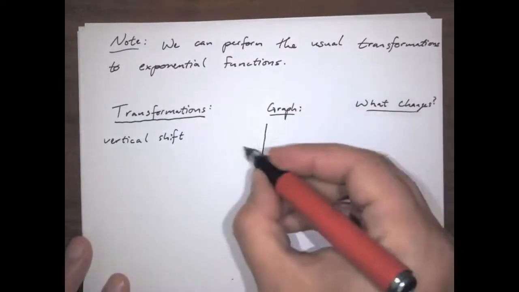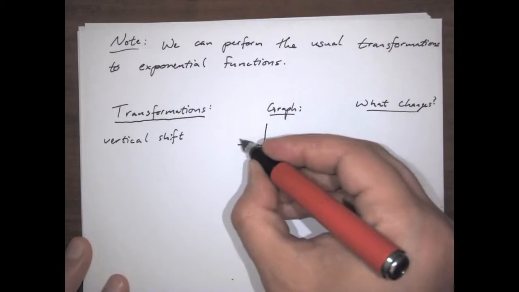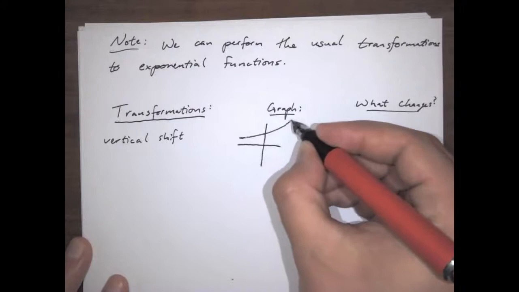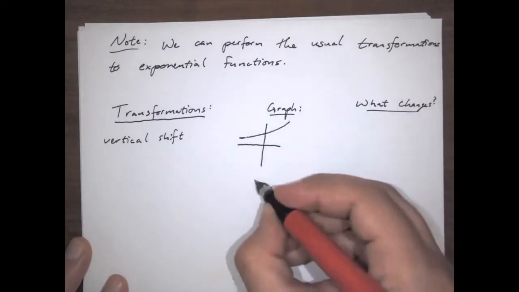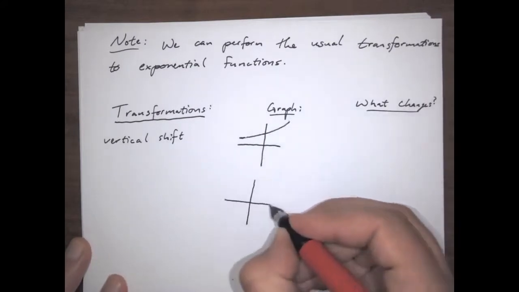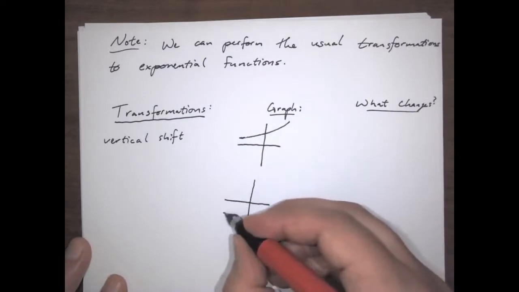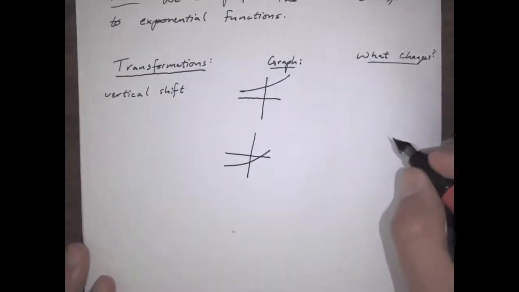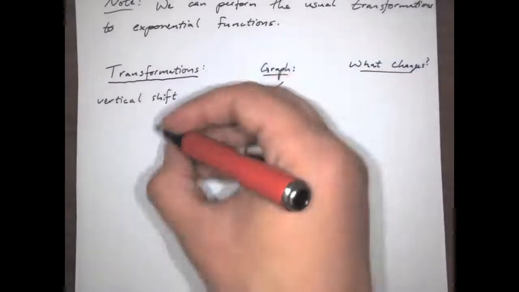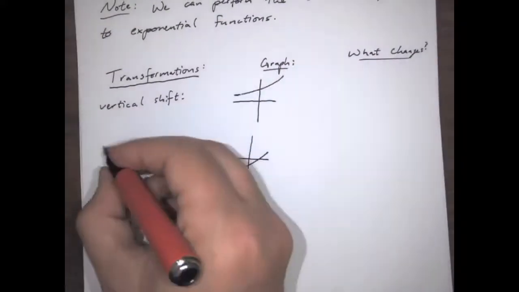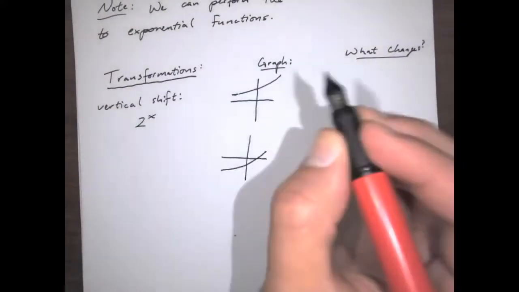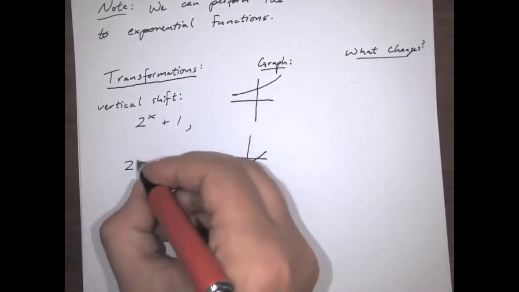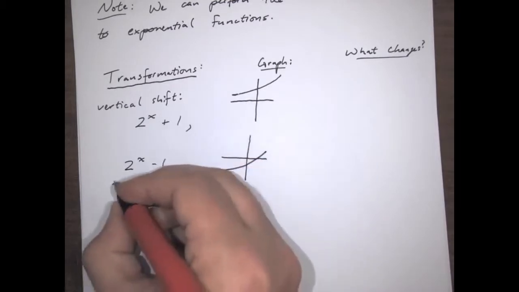Graphically, that means we are going to be maybe moving it up like that, maybe moving it down, something like that. So the changes here are going to be to the vertical shift. So we could have like 2 to the x plus 1, 2 to the x minus 1, for example.